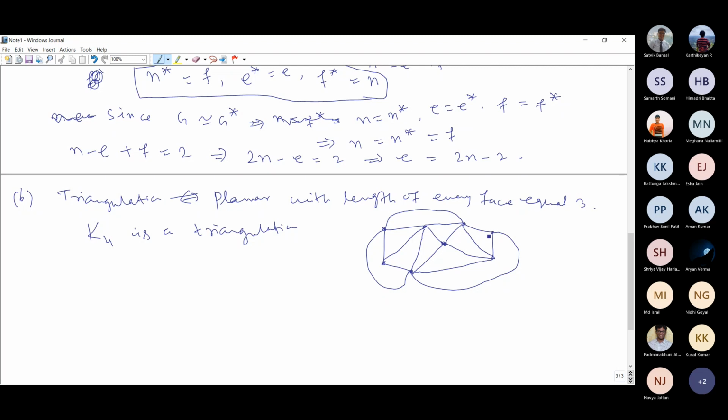What is the length of the outer face here in this graph? Tell me the length of the outer face. Can anyone say? What is the length of the outer face?